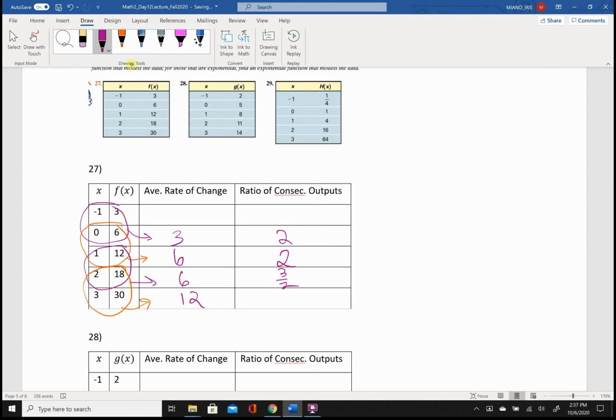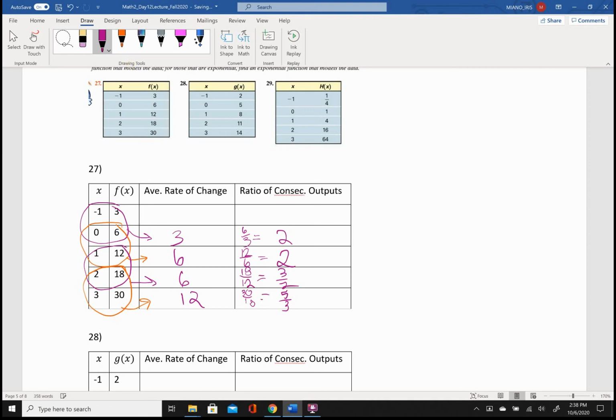And 30 over 18 will give me a 5/3. Sorry, let me give you a little bit of explanation. 6 over 3 is how we're getting the 2 here. 12 over 6. I want to show my work compared to what I have in my notes, just to give you guys a little added explanation on where these numbers are coming from. 30 over 18.